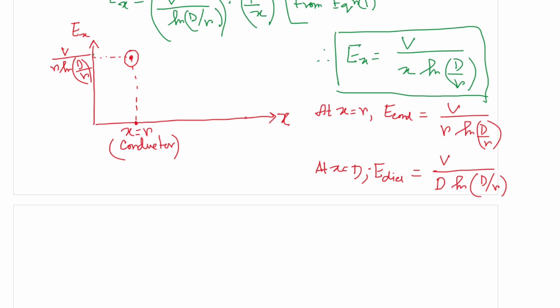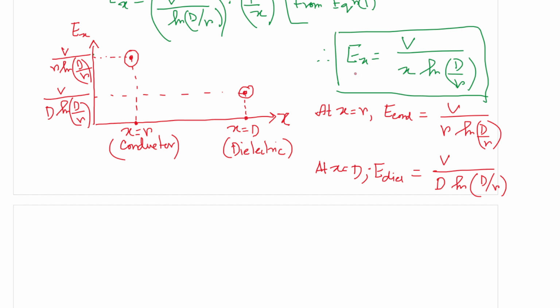So at this place we have x equal to D, that means we are at the dielectric surface. Let us say this is the value. So this value should be V by D ln D by r.